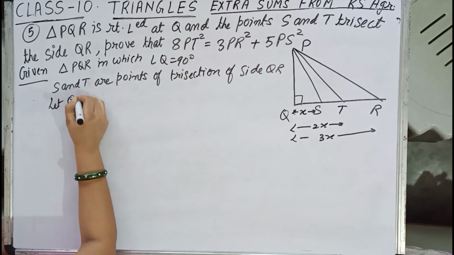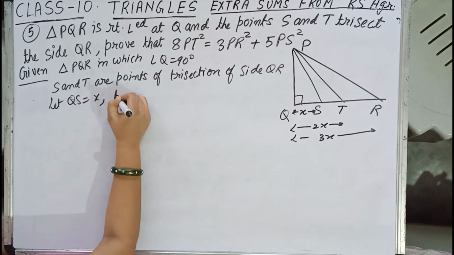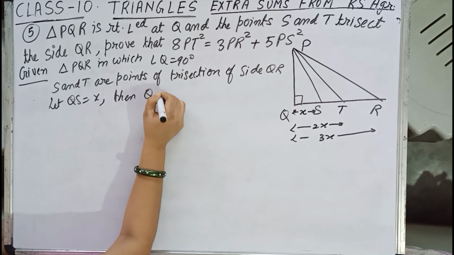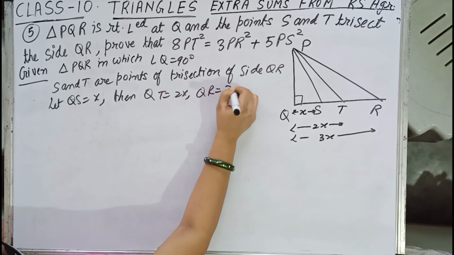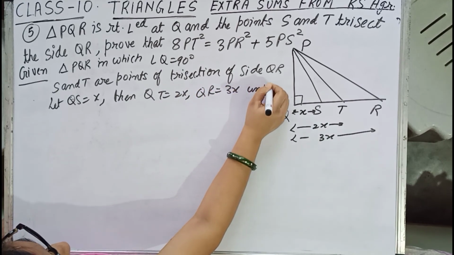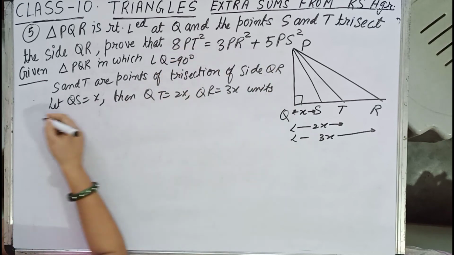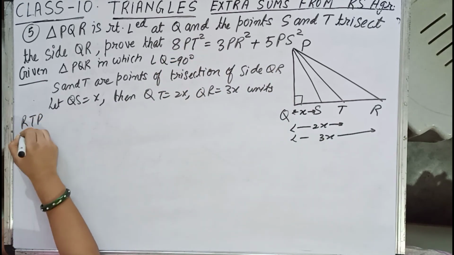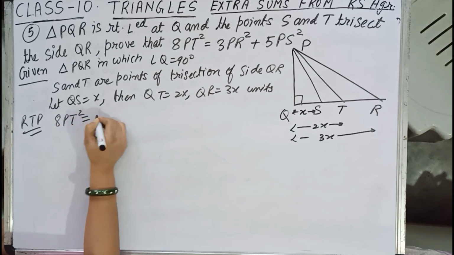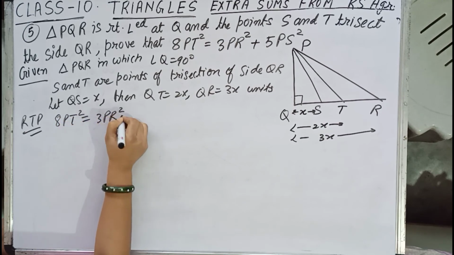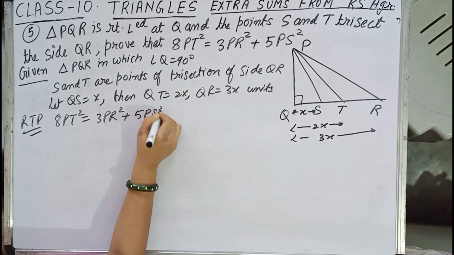Let QS equal x, then QT equals 2x and QR equals 3x units. Now we want to prove this. To prove: 8 PT square equals 3 PR square plus 5 PS square.